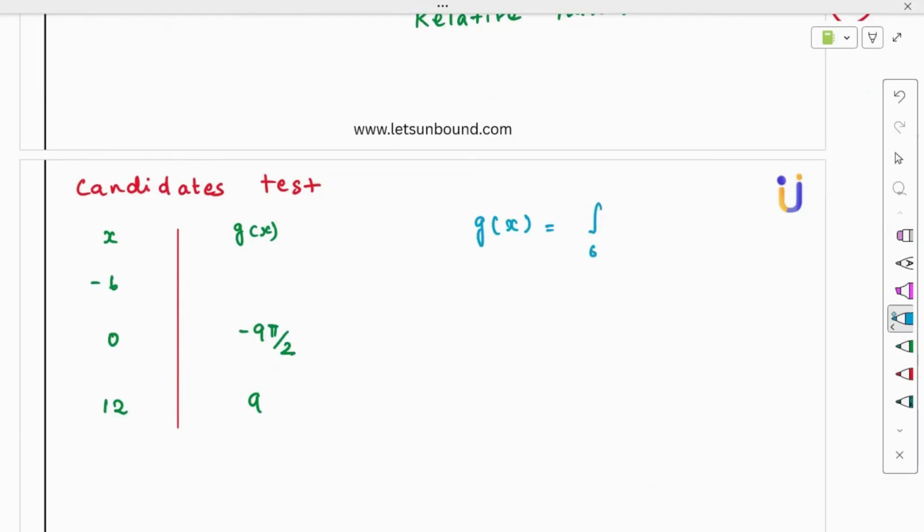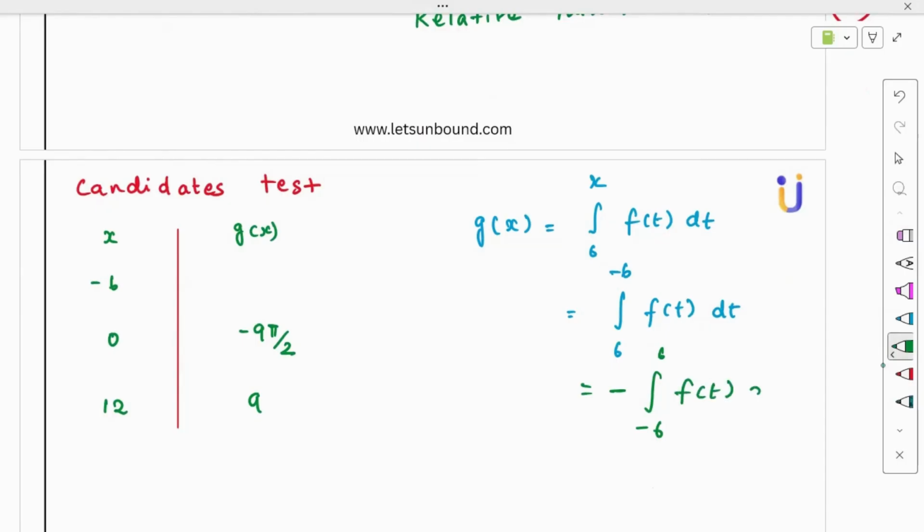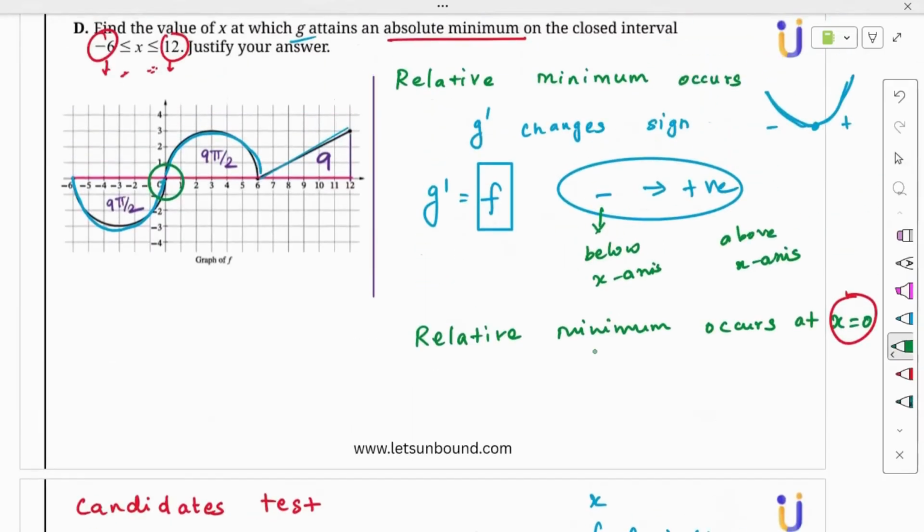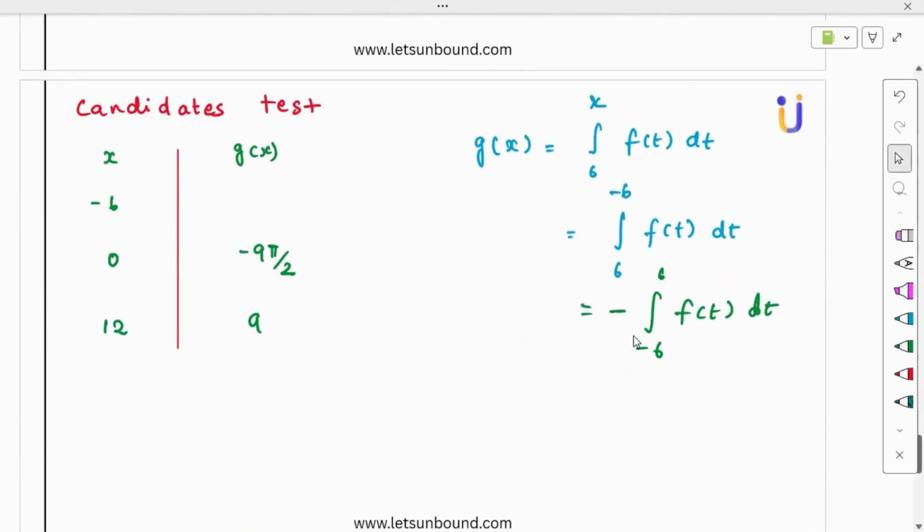So finding g of -6. G of x is the integral from 6 to x of f of t dt. Here it is from 6 to -6 of f of t dt. Do the sign manipulation because it's area under the curve: I give a negative and interchange the limits so they are in order. From -6 to 6 you need to find the area. This part is -9 pi by 2 because it's below the x-axis, and this part is +9 pi by 2.